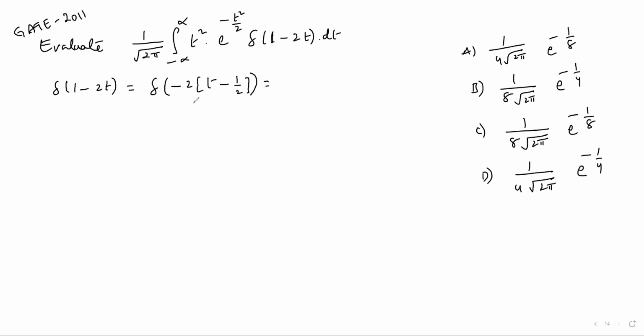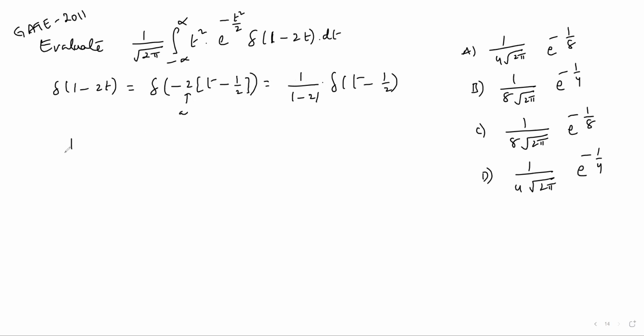Verify whether it is the same expression given or not. Minus 2 if we multiply inside, 1 minus 2t we will get. So now this is the scaling constant A. We can take it outside of the impulse function as 1 by mod A actually. So mod of minus 2 del of t minus 1 by 2 you can write it. So mod minus 2 is plus 2.